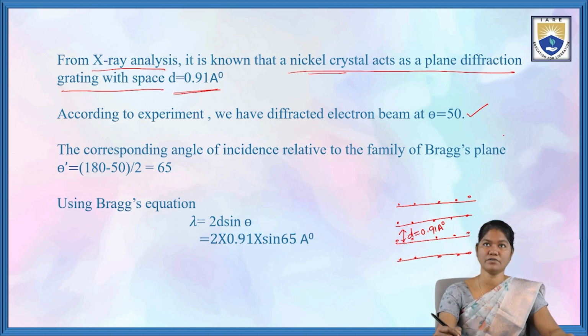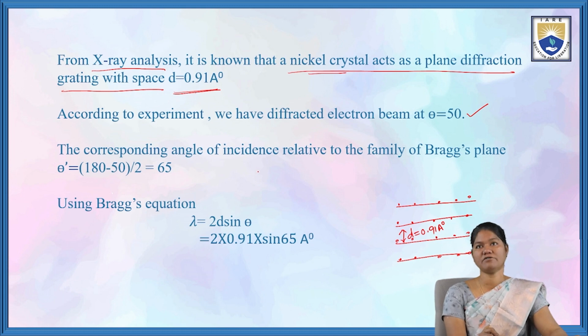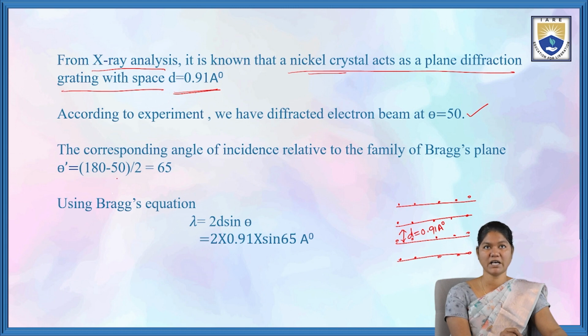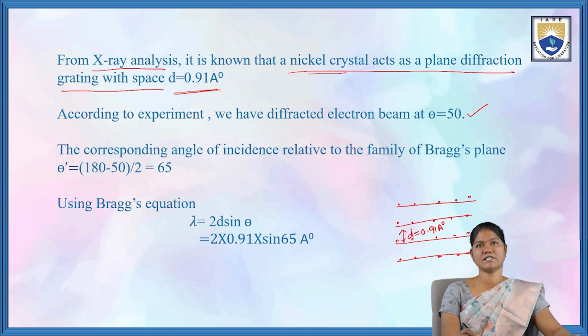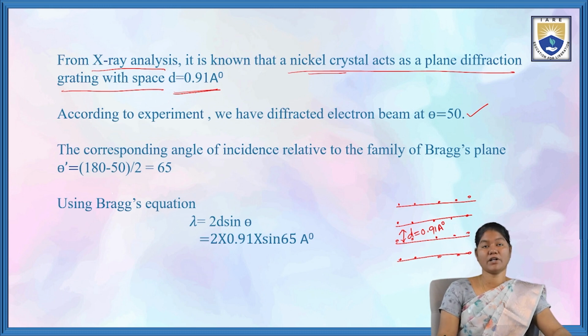So the corresponding angle of incidence relative to the family of Bragg's planes, theta dash, is equal to 180 minus 50, divided by 2. So we are getting 65 degrees.